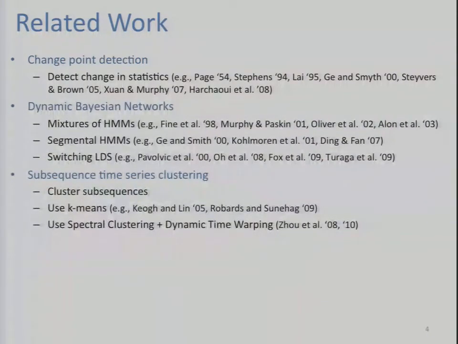There's another set of techniques called subsequence time series clustering. Subsequence time series clustering finds subsequences of time series that form tight clusters. So they don't invoke a coherent temporal segmentation model because the subsequences can overlap one another. Also, they tend to use k-means, which is only optimal for spherical clusters.